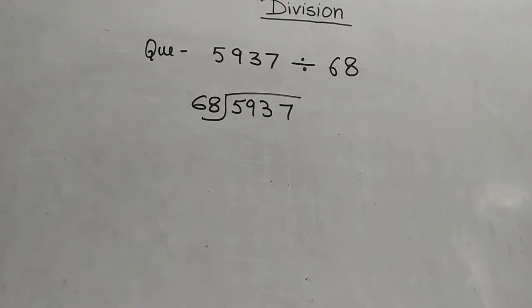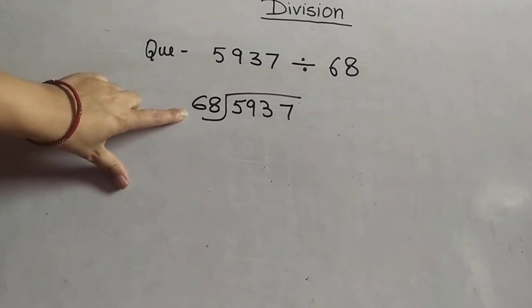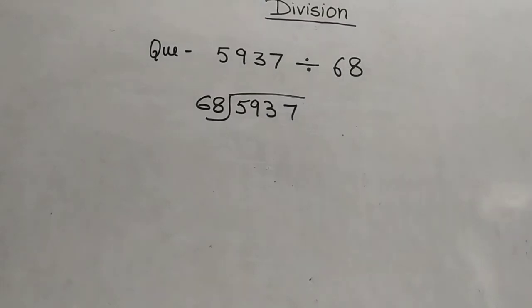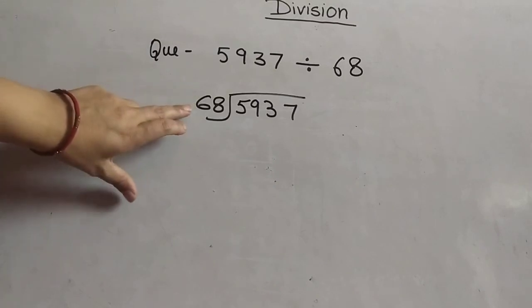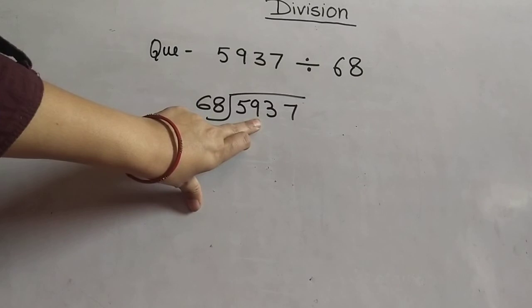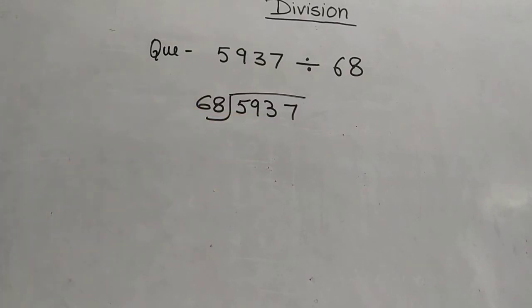The divisor is 68, a two-digit number. As we compare our divisor and two digits from the dividend, 59, we'll find that 59 is smaller than 68. So we'll consider 593.